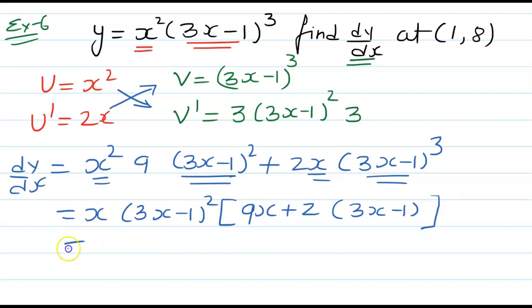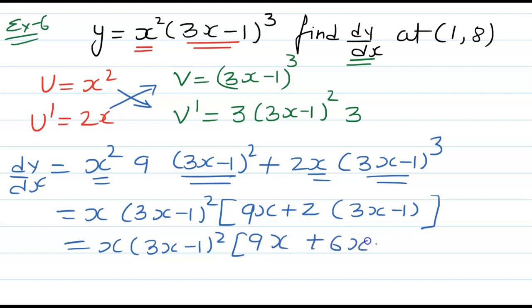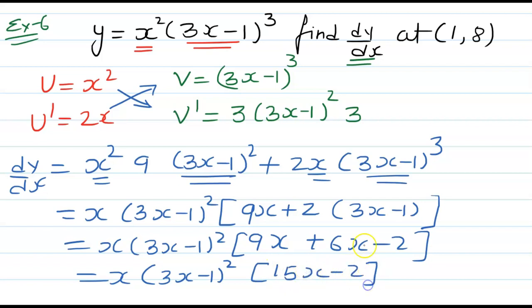Okay, and if we simplify, it will be x(3x minus 1) square times 9x plus 6x minus 2, and your final answer will be x(3x minus 1) square times (15x minus 2). Okay, so we have found dy by dx.